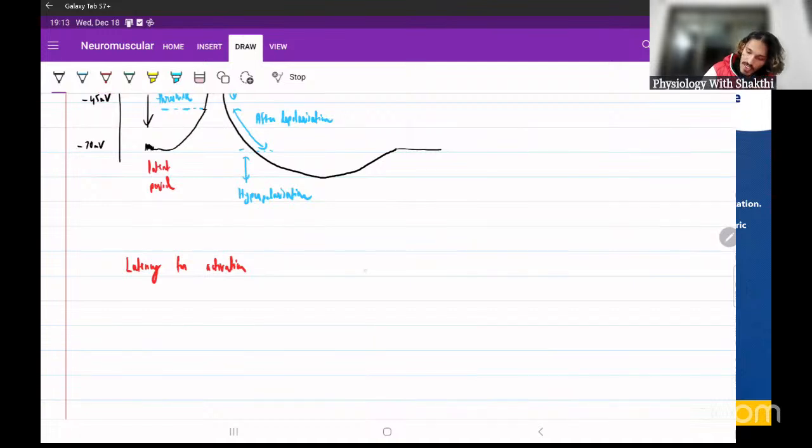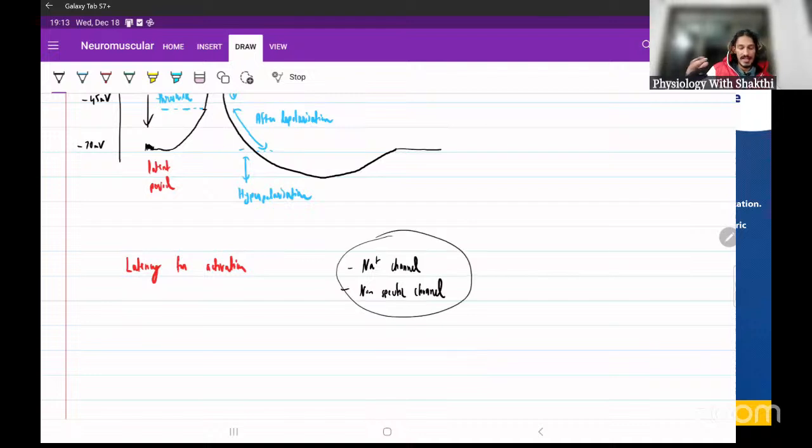You have to open up a sodium channel or any other non-specific channel. Some time will be taken for opening up of an ion channel, so configuration changes are required. And after opening up the ion channel, ions have to flow in. All of that will result in latency in this scenario.